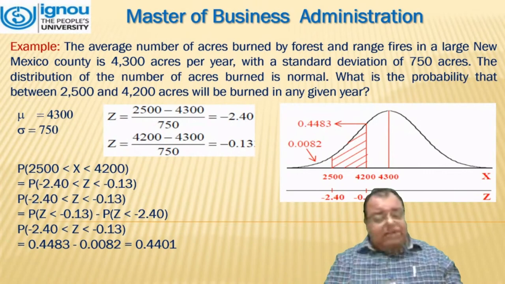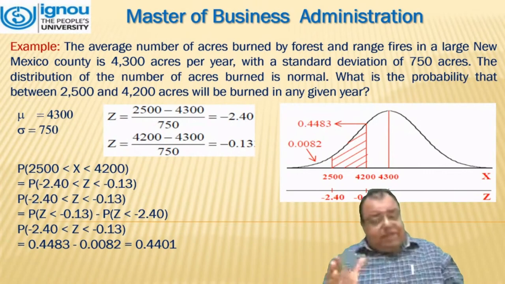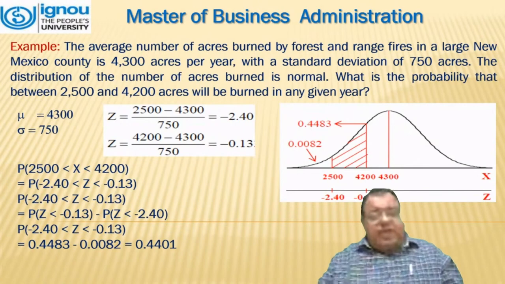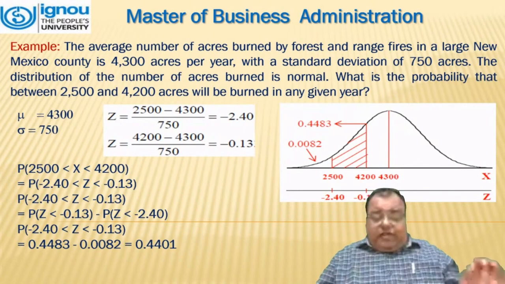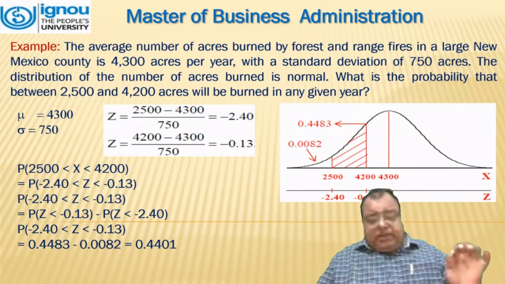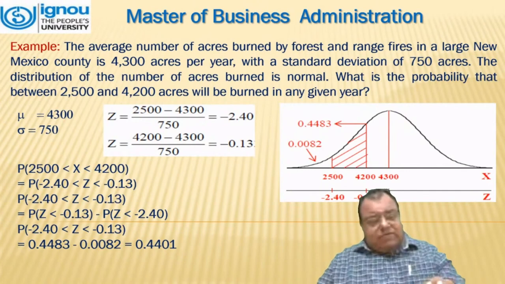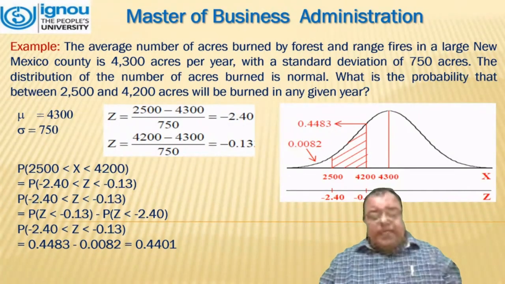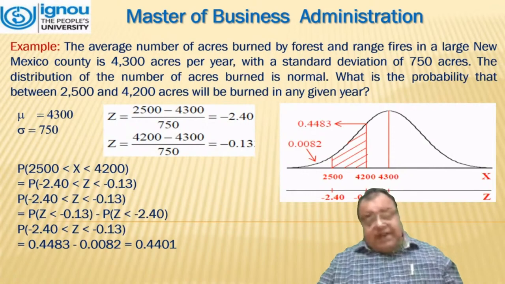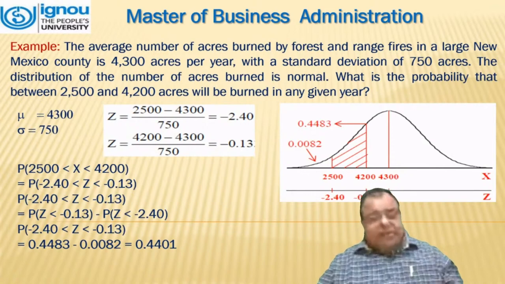Going back to the graph, when we will be plotting it on the graph, we will be converting this 2,500 less than x less than 4,200 in terms of z. So that comes out to be probability negative 2.40 less than z less than negative 0.13.